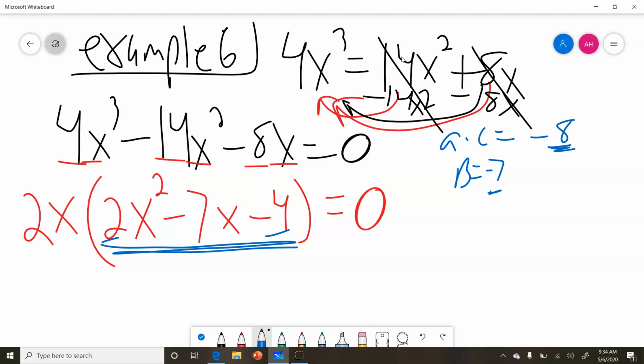Let's see, negative 8 could be, what times what is 8 that would give me negative 7? Well, I have 8 and 1, right? But that's actually not what I need to do here because I have this 2.